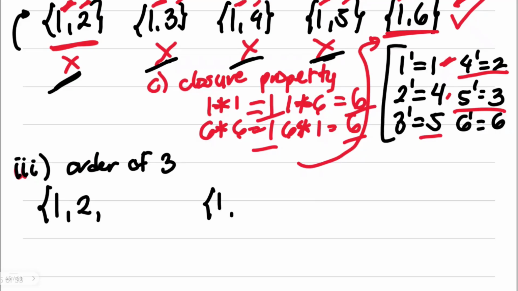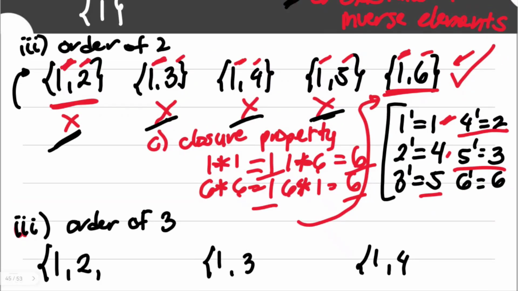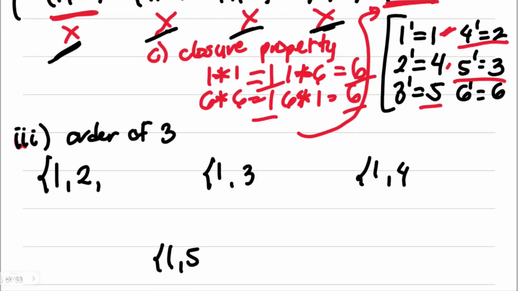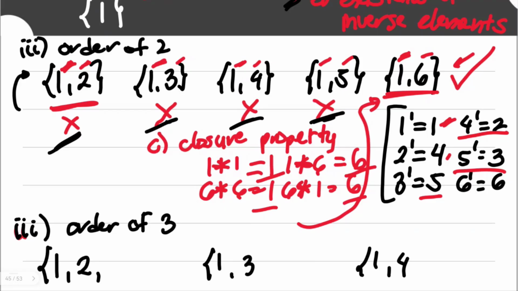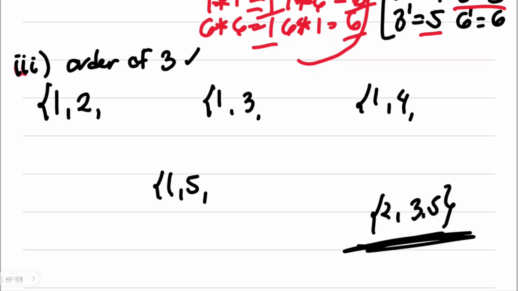Similarly here, 1 and 3, and then 1 and 4, and then the last one, 1 and 5. If we try 1 and 6, we will be stopped here because it already satisfied the subgroup. So we have 1, 5, 1, 3, 1, 4. We'll be looking for the third element to have our order of 3. We are using these other than 2, 3, 5 because then again, there is no identity there.